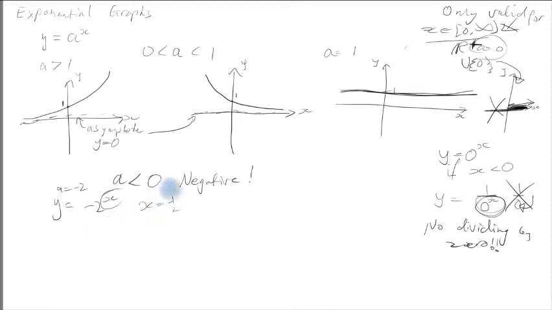Because that'll happen on our graph somewhere, like here's 1, and we would expect it to be fine, that would just equal negative 2 down here somewhere. But then when x is a half, our equation is y equals negative 2 to the power of a half, which is the square root of negative 2.